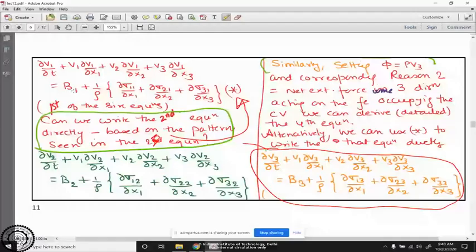So on the right hand side, body forces: here it was B1, here it is B2, here it is B3. Partial x1, x2, x3 are in all of them, because you will go to all the six faces to find the forces. But what components you will bother about depends on which momentum you are talking about. So here sigma 1, 1, 2, 1, and 3, 1. Here sigma 1, 2, 2, 2, and 3, 2. The second index tells me which component of momentum I am worrying about, and here it is 3.